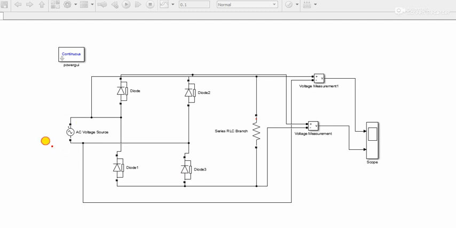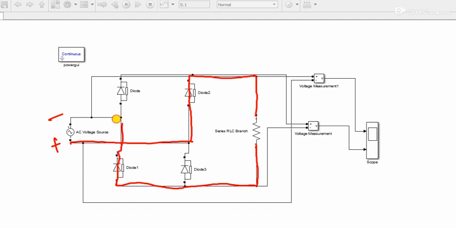For the negative half cycle, this is plus, this is minus. So in this case, the current flows through here, then through the resistance, and this diode works on forward bias and completes the circuit from the negative.